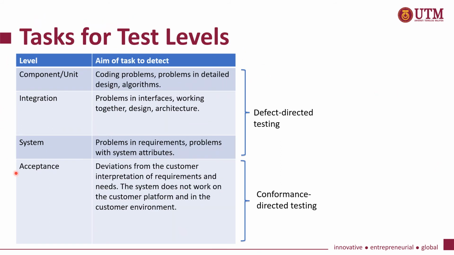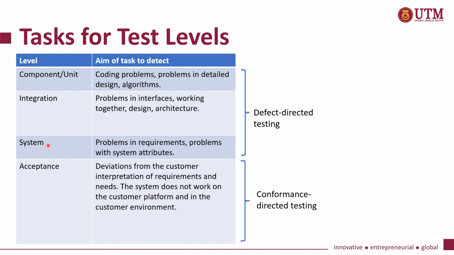This slide shows the tasks for each test level. It shows for each level of the testing what to test and the aim of the task, what to detect. For example, for the component or unit, this test is responsible for finding coding problems or problems in detailed design algorithms, while the integration testing is concerned with finding problems in interfaces and interactions, and in the design architecture.